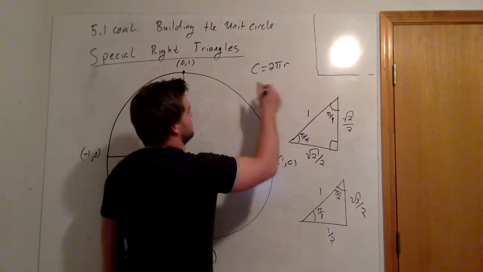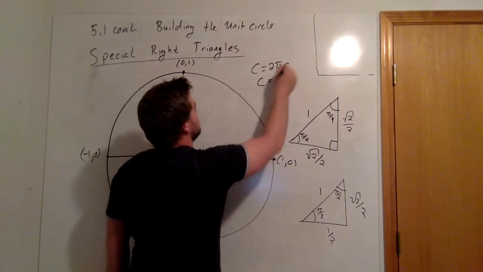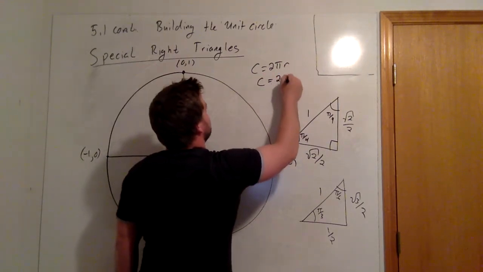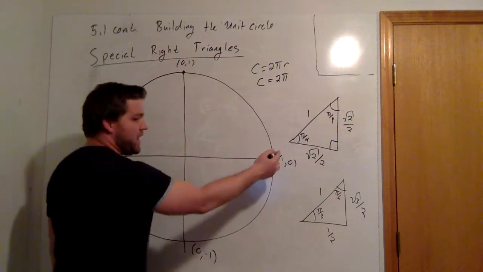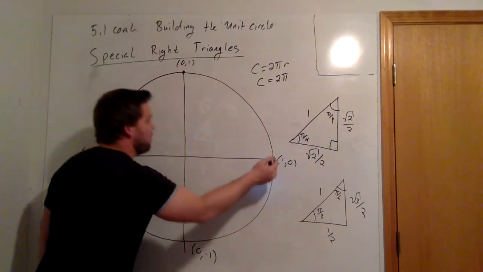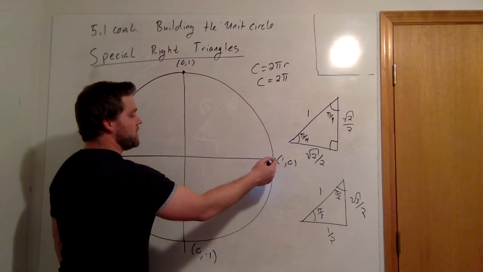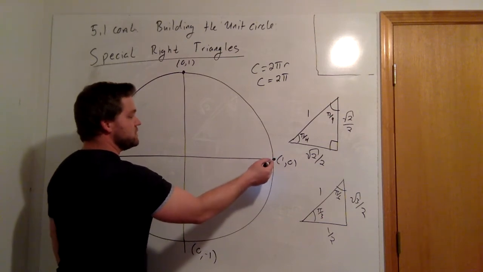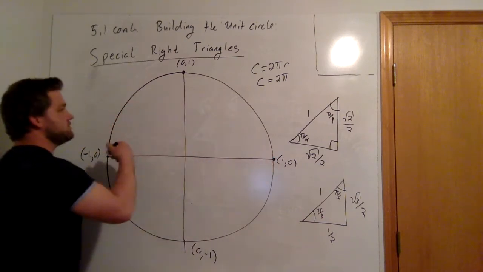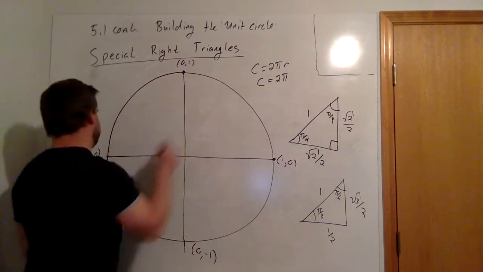In the case that this is a unit circle, r would be 1. The circumference of this circle is 2 pi. So if I walk all the way around the circle, I've walked a distance of 2 pi radiuses. If I walk around half the circle, I've covered a distance of half of 2 pi.